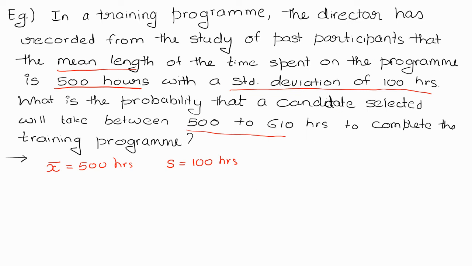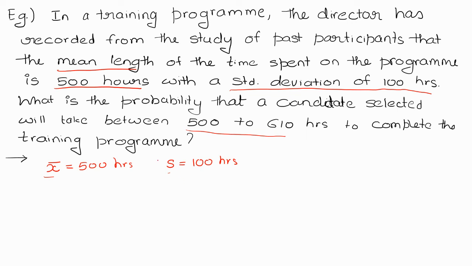Now this question is of normal distribution. It has been nowhere mentioned in this question that it is a normal distribution question, but normally it will be mentioned in the exams. Since we are doing the problems of this part only, I have chosen such an example where it is not mentioned. First I need to find out whether this 500 hours is the mean of the sample or of the population, and whether it should be written as x bar, and the standard deviation as s or sigma.